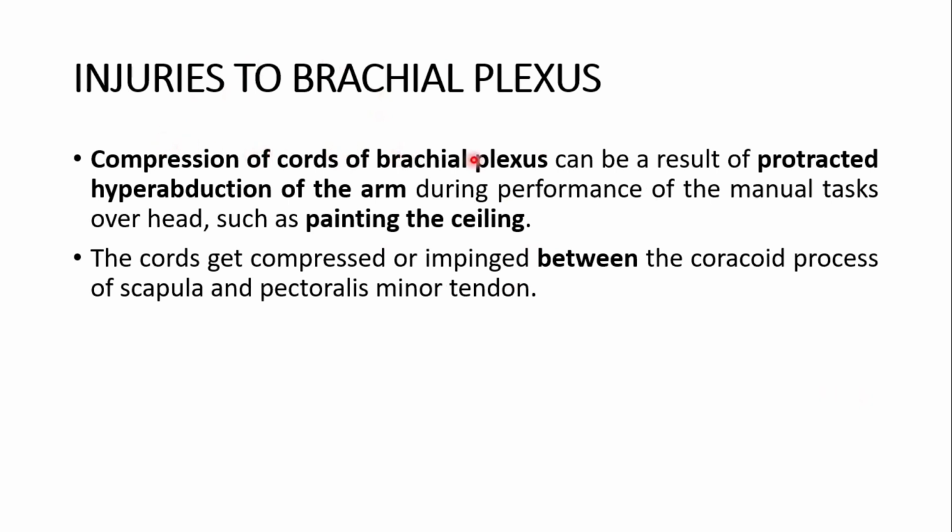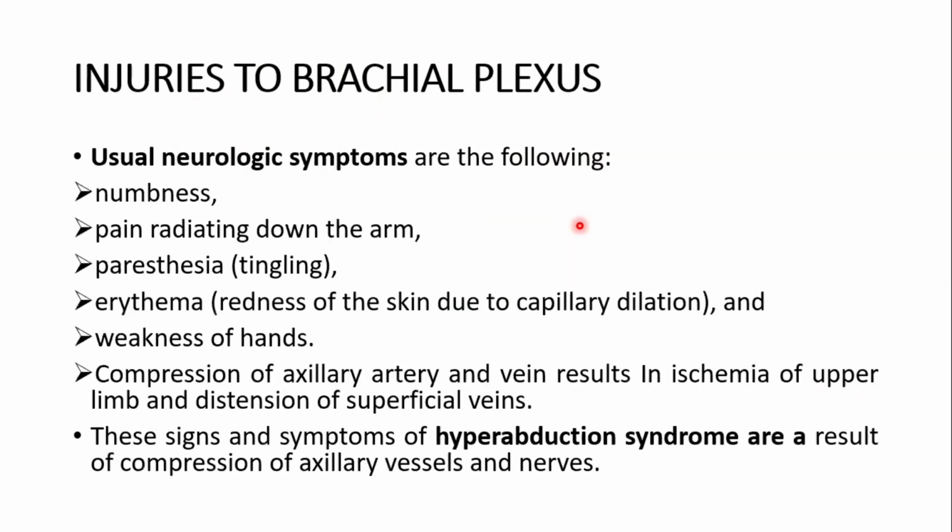Compression of the cords of the brachial plexus can be a result of protracted hyperabduction of the arm during performance of a manual task overhead, such as painting the ceiling. The cords get compressed or impinged between the coracoid process of the scapula and the pectoralis minor tendon.